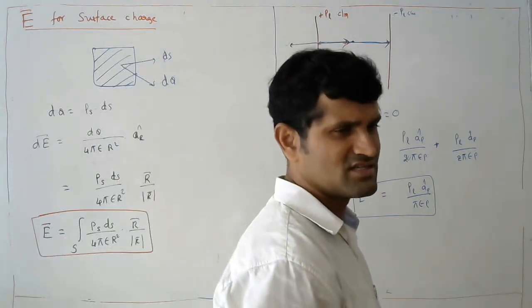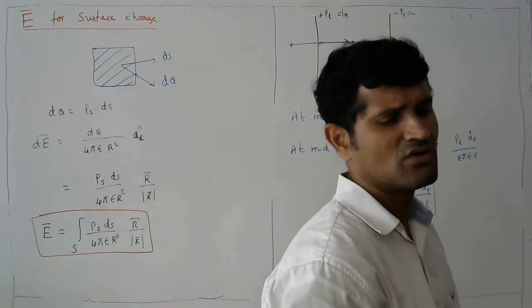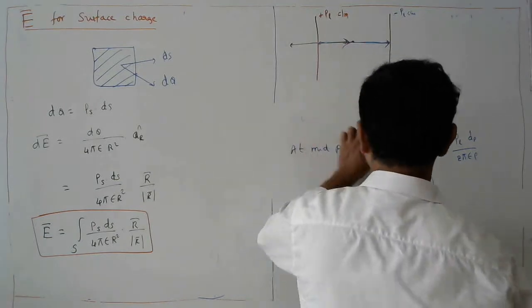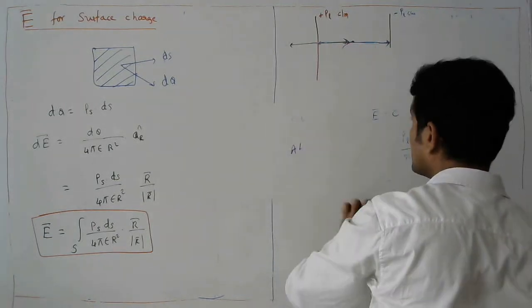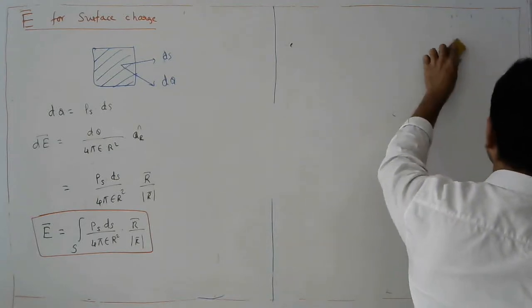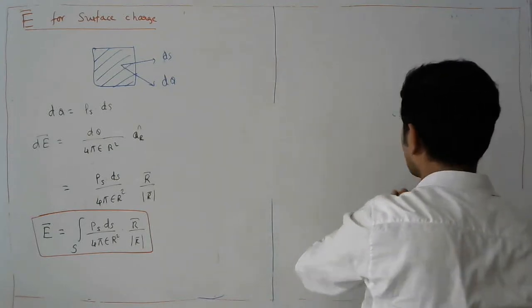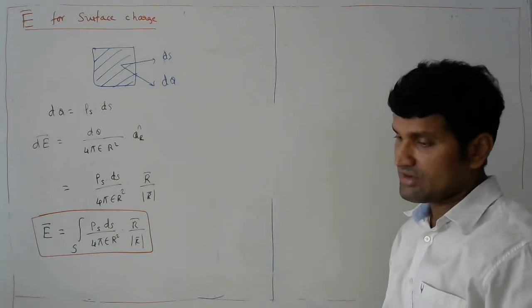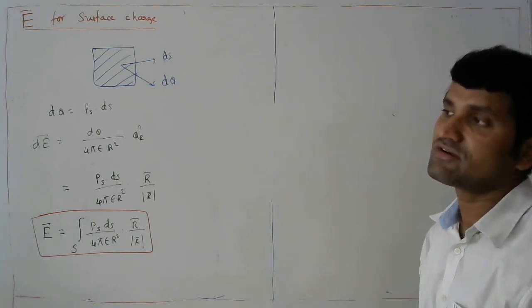We discussed the line charge, and for the line charge we also derived the expression for an infinite length of conductor. Similarly here, we have to derive the expression for electric field intensity for an infinite sheet of surface area.